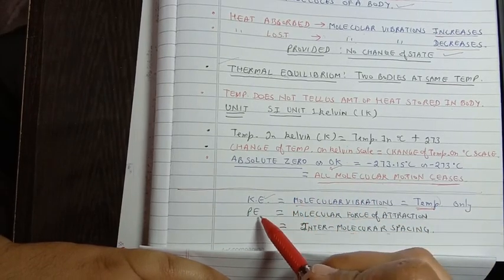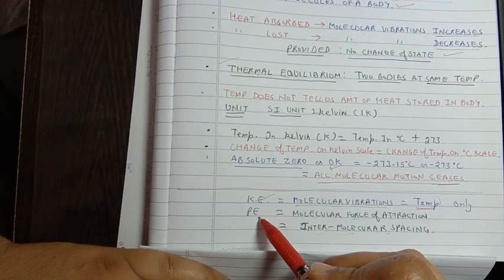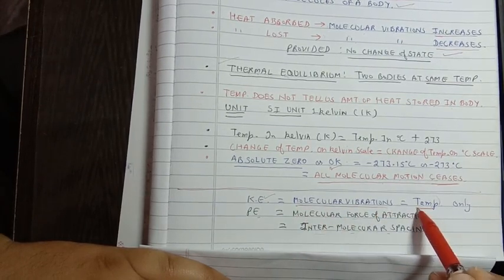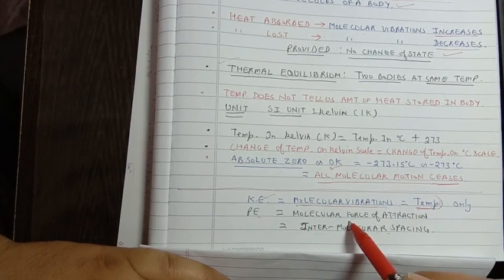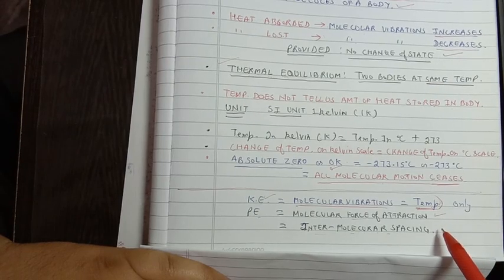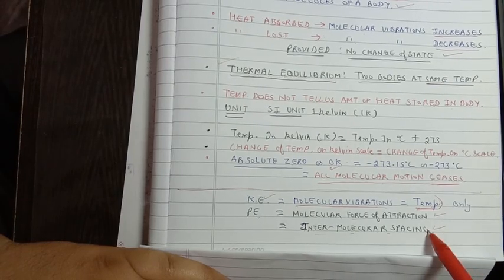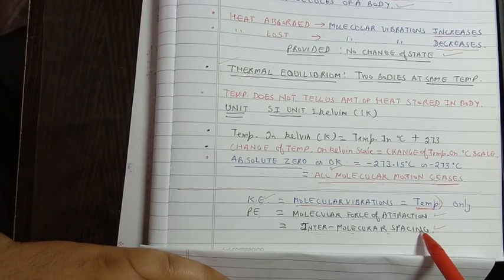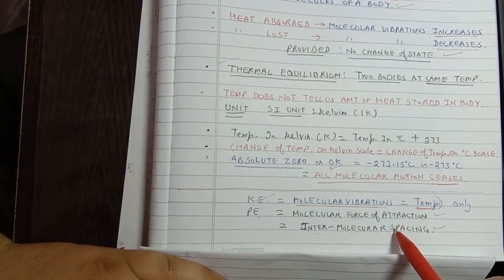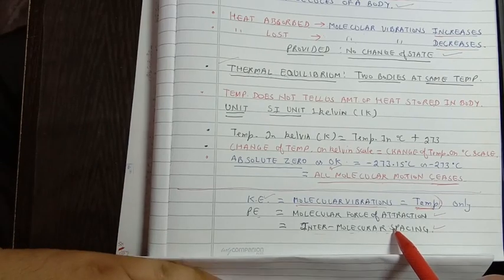Similarly, the potential energy of a substance does not depend upon molecular vibration, and it will not be affected by a change of temperature. It will be affected only when there is a change in the molecular force of attraction, that is, whenever there is a change of intermolecular spacing. So kinetic energy and potential energy are independent of each other. Thank you very much.